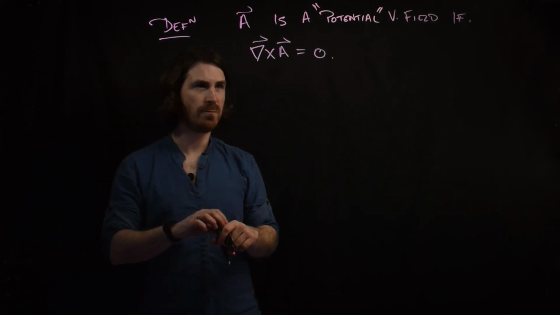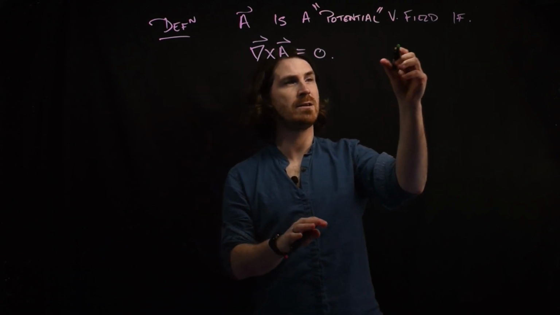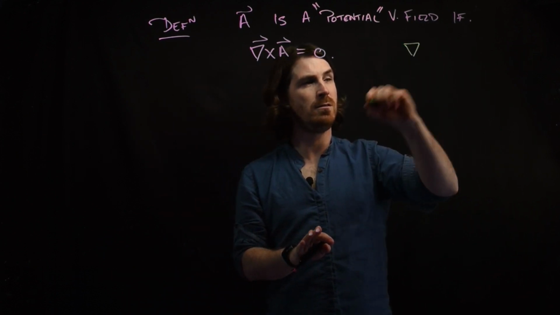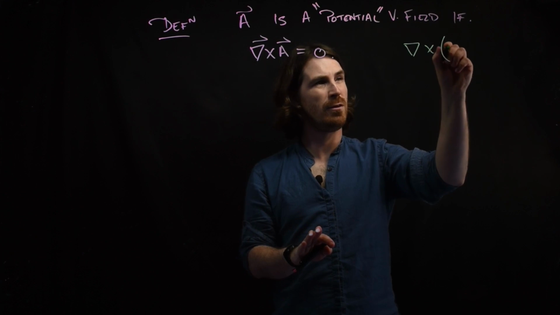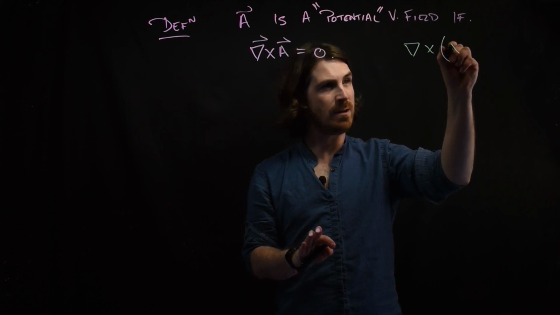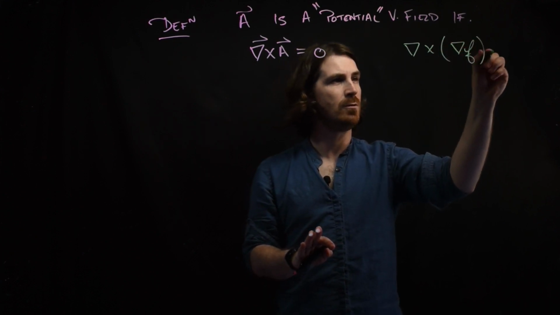We saw in the last section that the curl of the gradient of a function was identically 0.